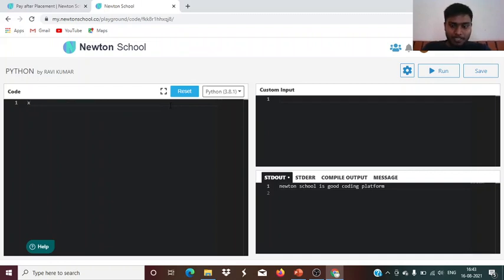We take input x equals int of input, enter the first value, and y equals int of input, enter the second value.